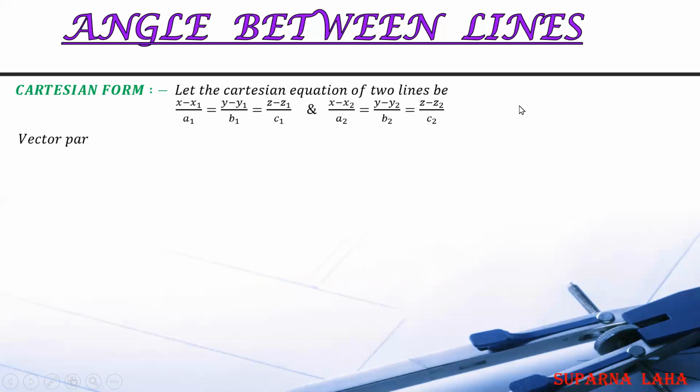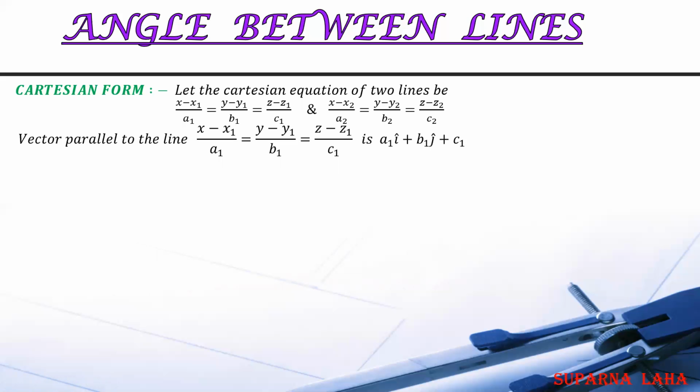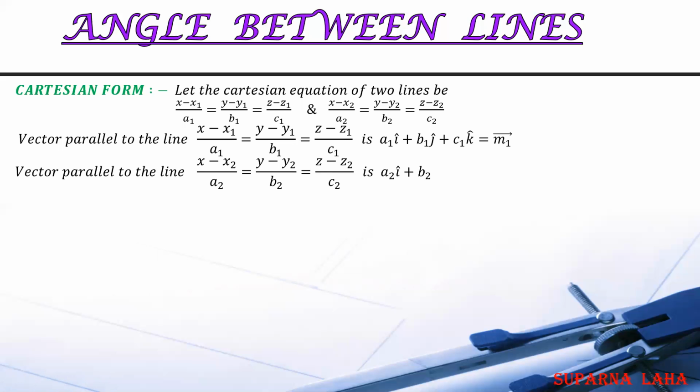So we can write down the vector parallel to the first line as a1 i cap plus b1 j cap plus c1 k cap, or represent it by another vector m1. And the second line is parallel to the vector a2 i cap plus b2 j cap plus c2 k cap, or you can simply write the vector m2.